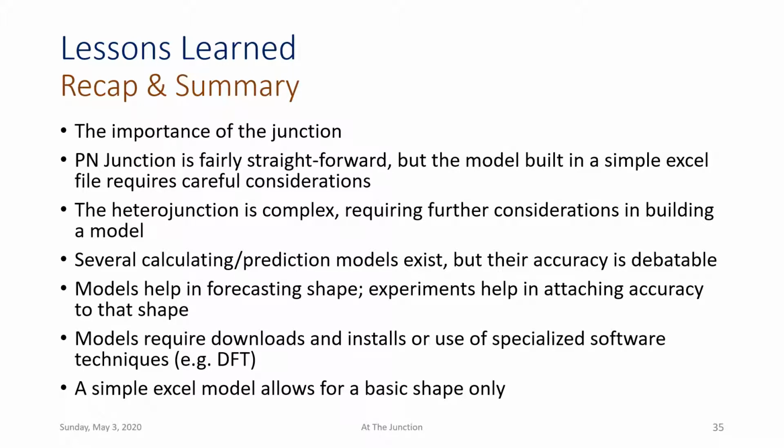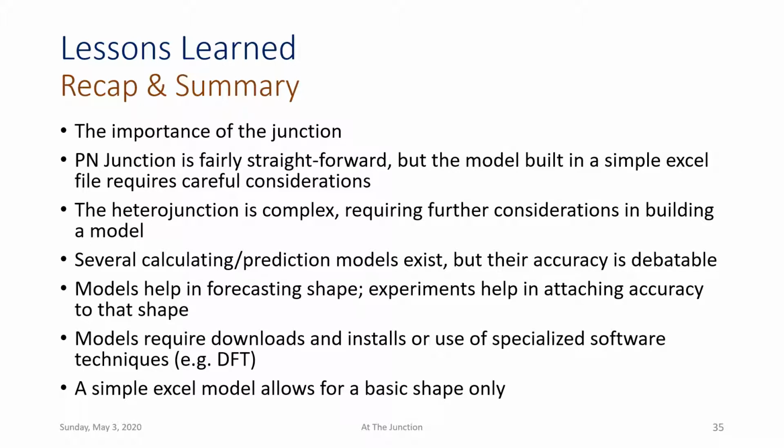The heterojunction is complex, and it requires further considerations in building a model. There are several calculating and prediction models, but their accuracy is debatable.